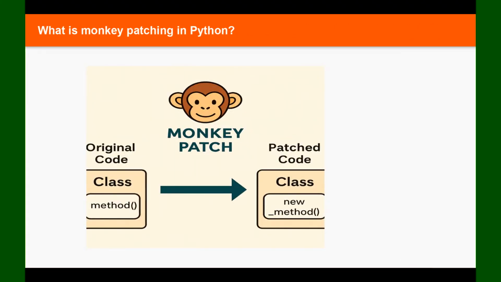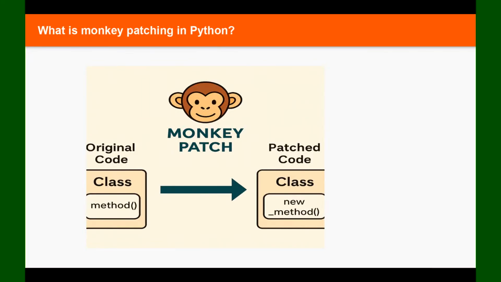Next question, what is monkey patching in Python? Monkey patching in Python refers to the dynamic modification of a class or a module at runtime. It allows you to change or extend the behavior of libraries, classes or objects without altering the original source code.